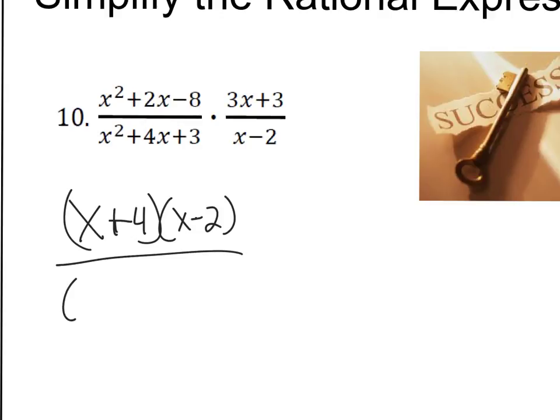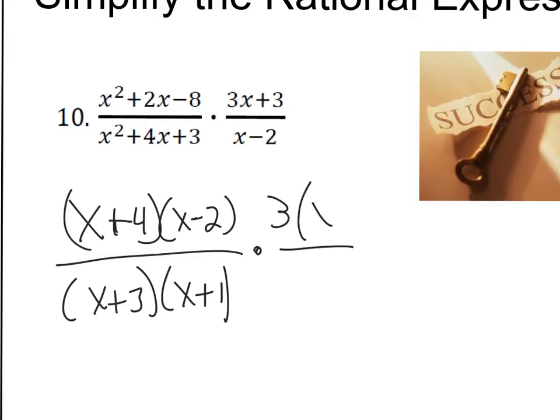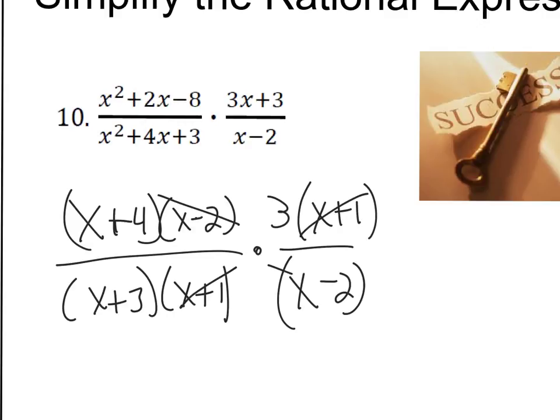On the bottom, that's going to be x plus 3, x plus 1, times, and then if I factor this out, 3, x plus 1, x minus 2. So now I'm going to start canceling things if I can. So I've got x plus 1, x plus 1, x minus 2, x minus 2. This 3 and this 3 I cannot cancel out because this 3 is part of x plus 3.